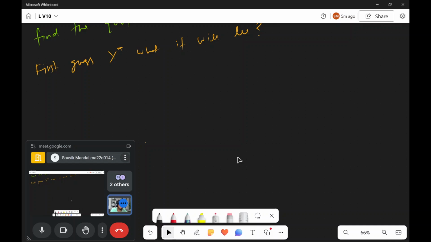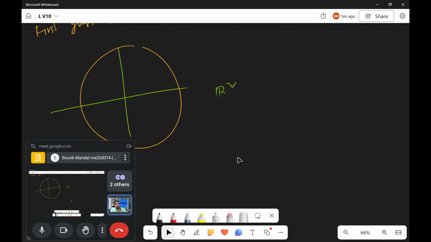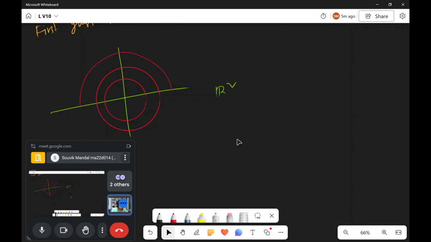So look, this is R. And in R squared, consider concentric circles with the center at the origin.